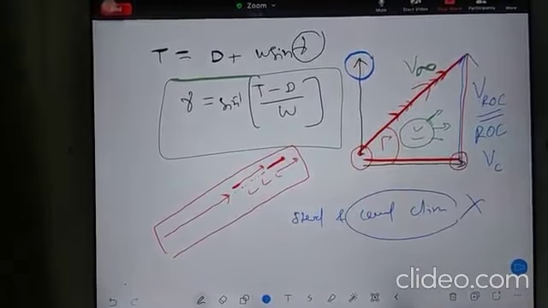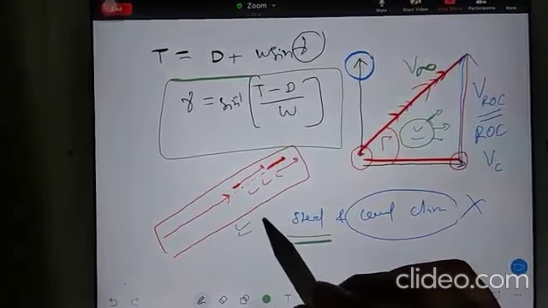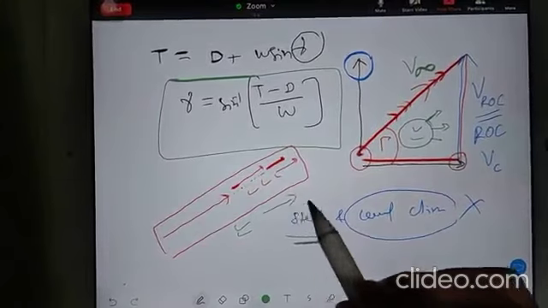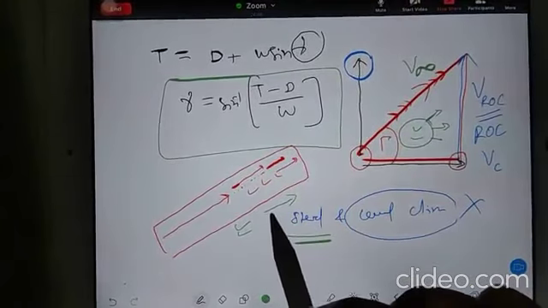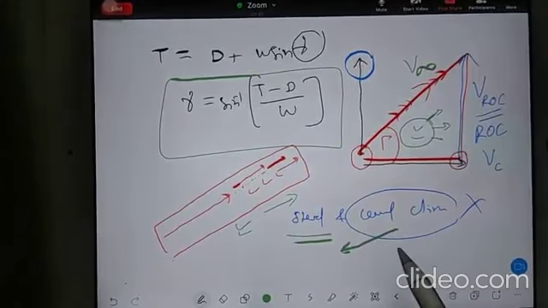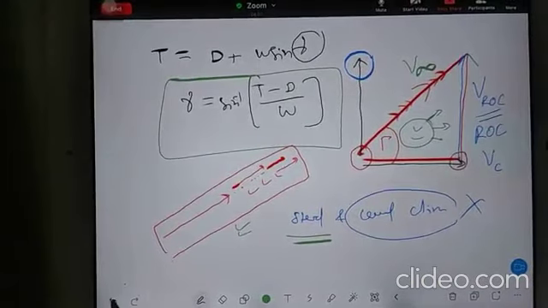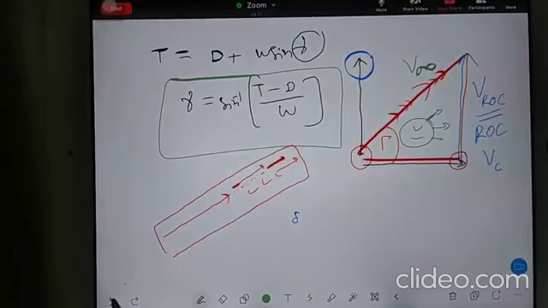That is totally nonsense. Steady climbing means your velocity is constant. Velocity means speed and direction both. In the same way, you have steady gliding. You don't have the concept of steady and level gliding. Clear?